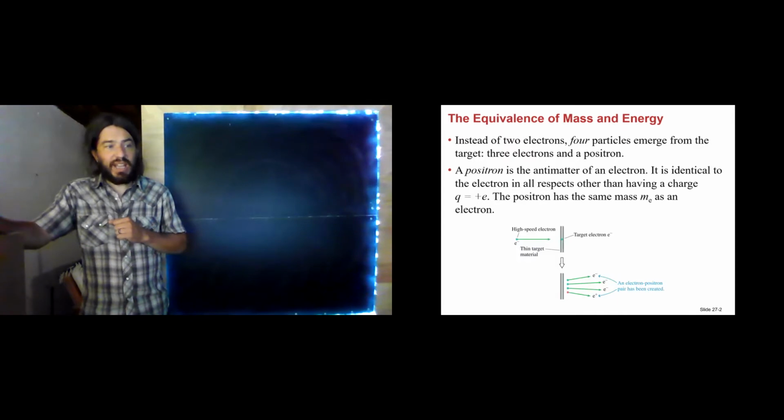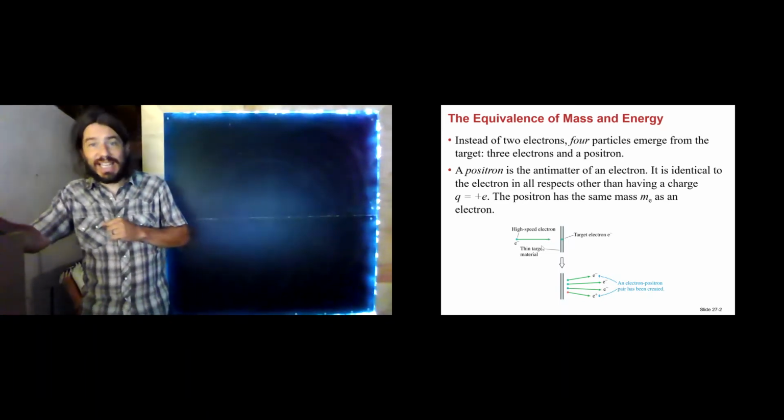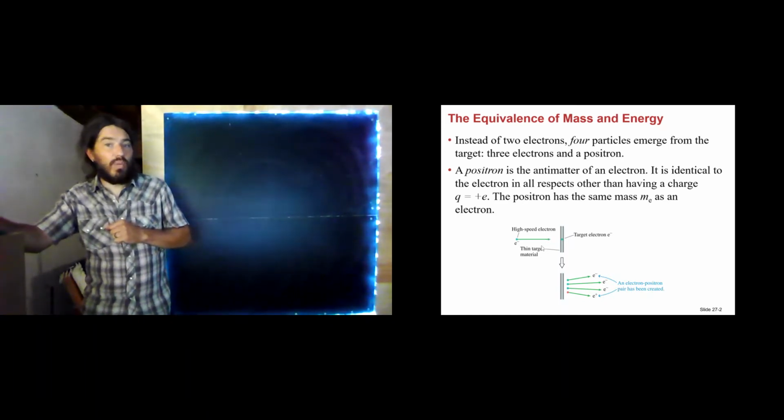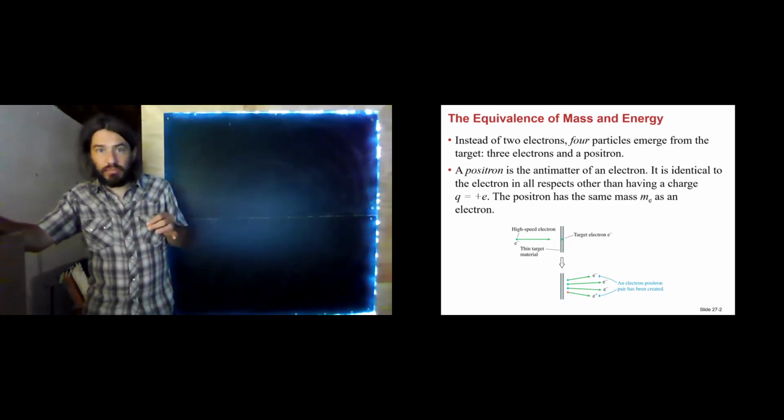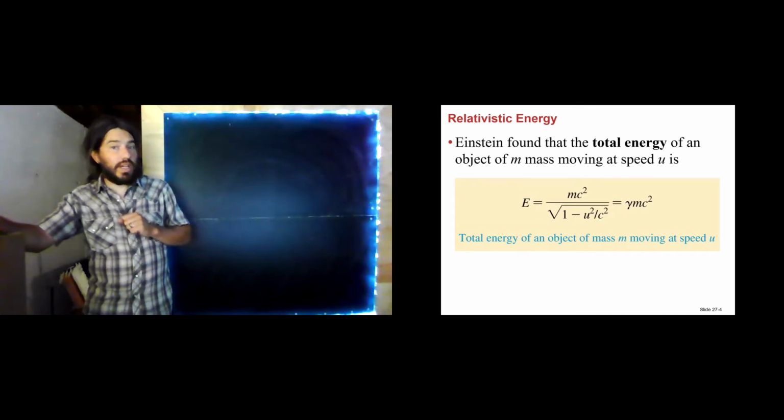So, in order for this scenario to happen, this high-speed electron needs to be moving very, very quickly. It needs to have a lot of kinetic energy. If it's moving that fast, it is a relativistic particle. And it turns out that, much like we did for momentum, we need a new equation for the energy of a particle if it's moving very quickly.